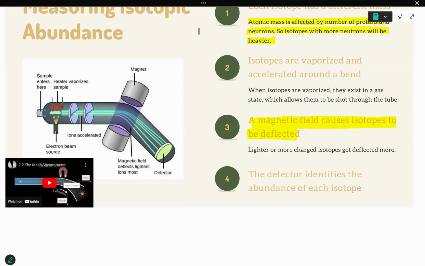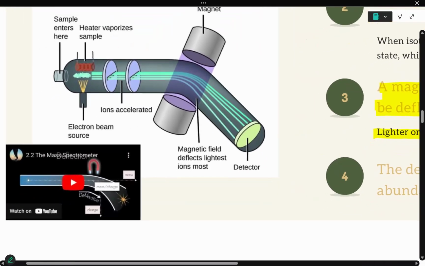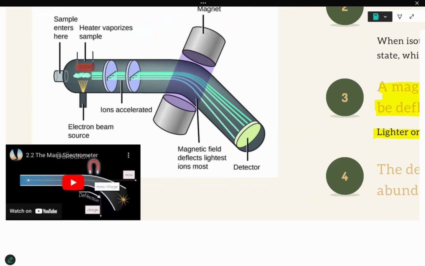If you think about making a big turn, if the isotope is lighter, or more charged, the isotope is going to deflect more. Basically, the magnet and the weight of the isotope are going to affect how much it bends and the angle that it bends when it moves through this machine.